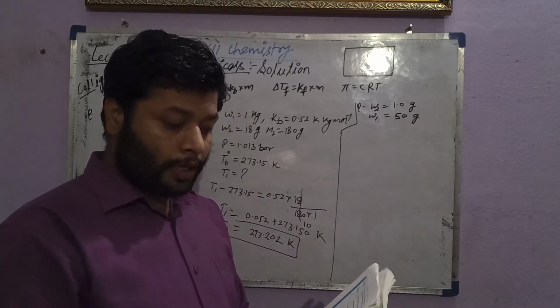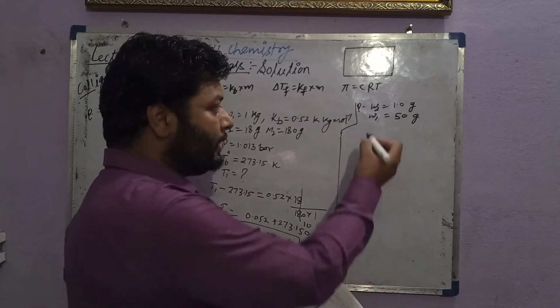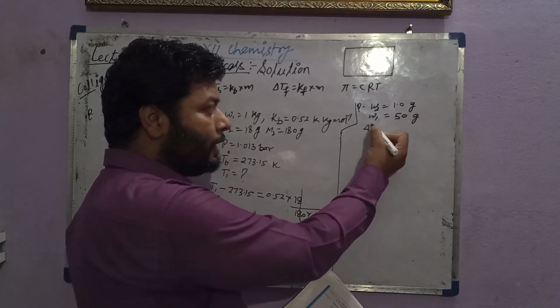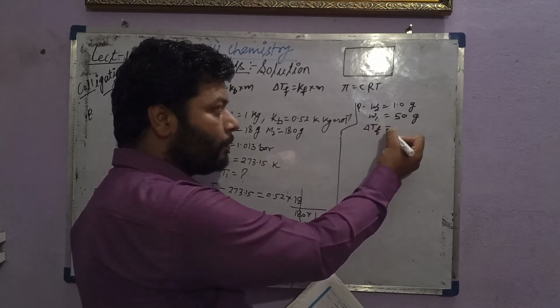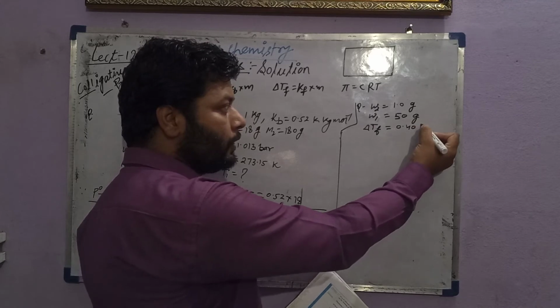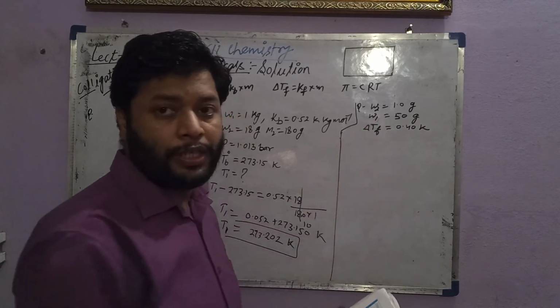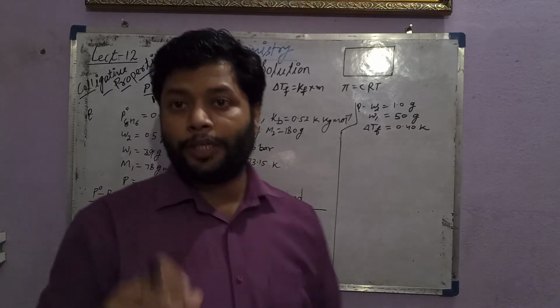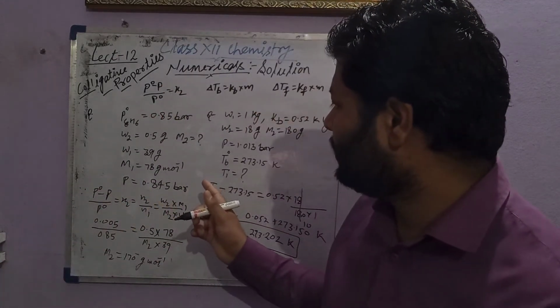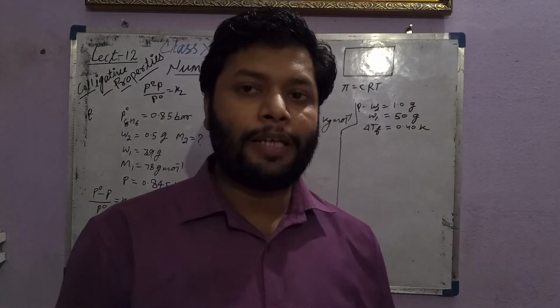It lowered the freezing point of benzene by 0.40, which means the depression of freezing point, delta TF, is given as 0.40 Kelvin. The solvent is benzene, and the molar mass is 78 gram.